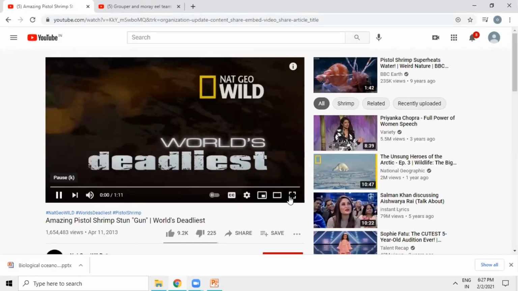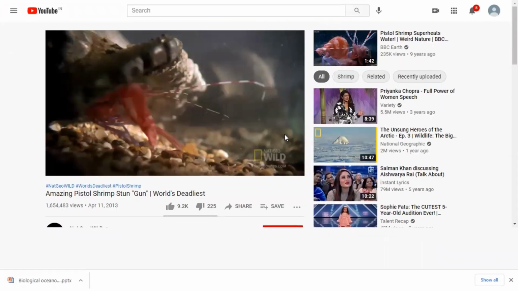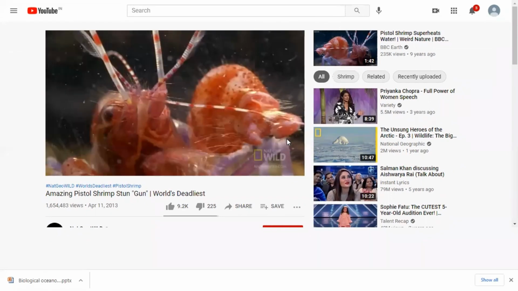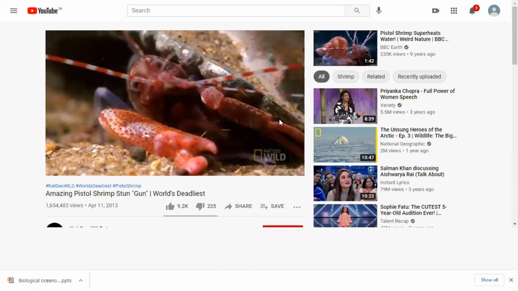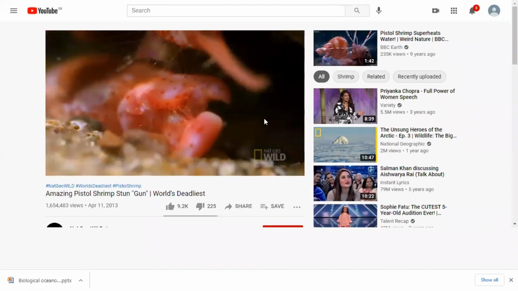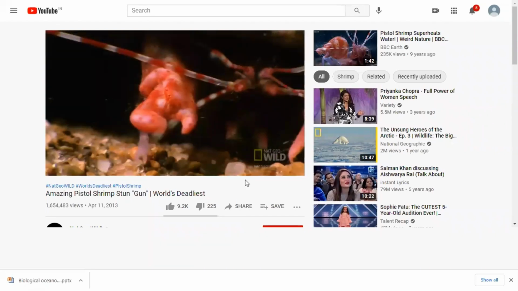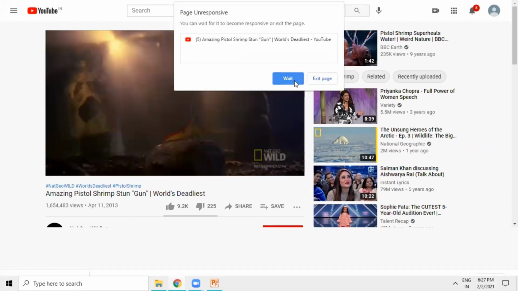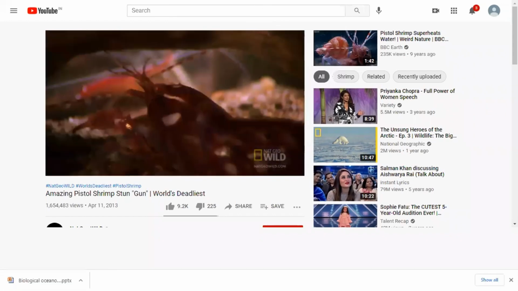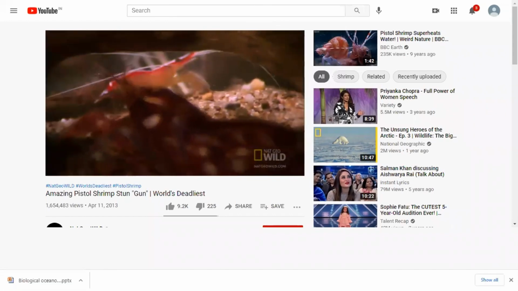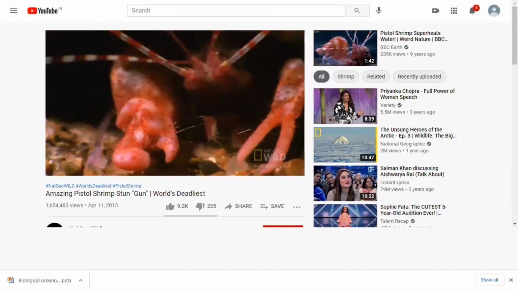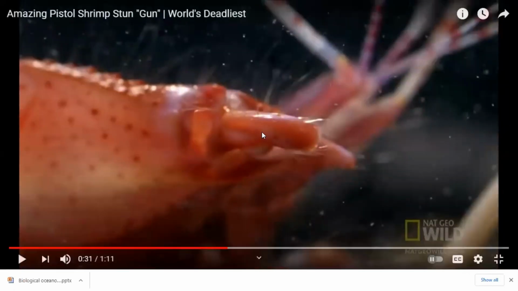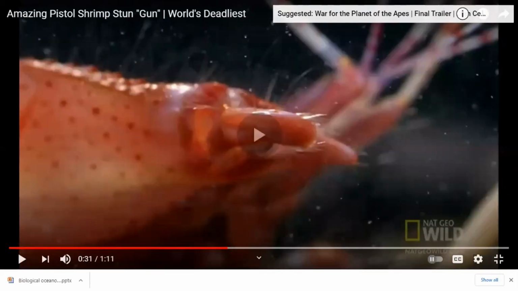So now you're focusing and then see. The pistol shrimp is no bigger than your finger, and it's a crack shot. One of its two claws functions just like a handgun, and other shrimp are targets. When prey is in range, the claw is cocked.